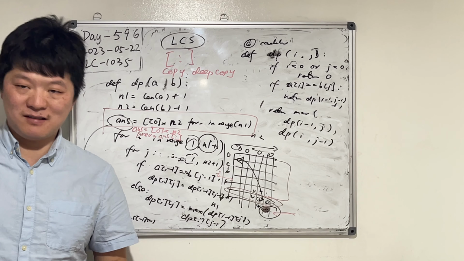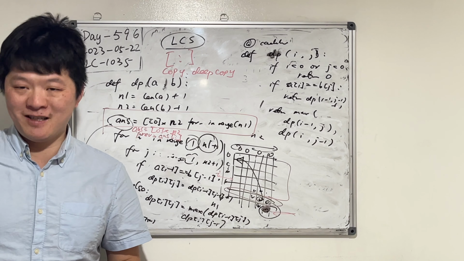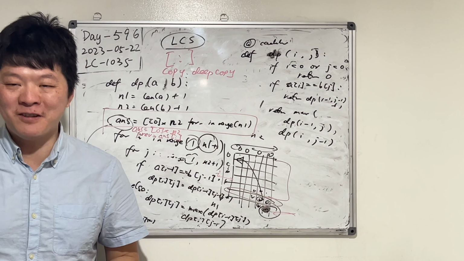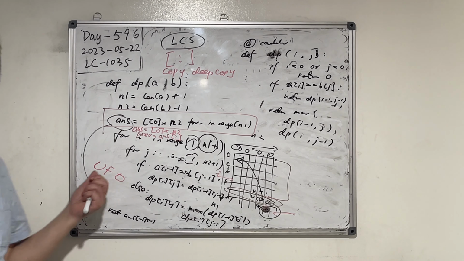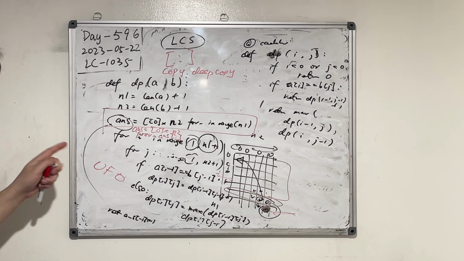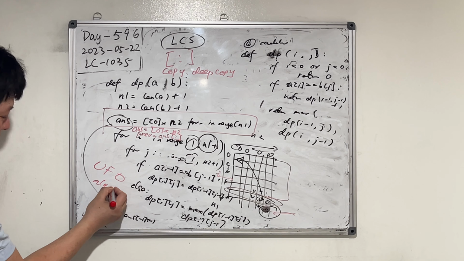Aliens have arrived. UFO, right? Unidentified flying object. Aliens could be in the UFO, but that's not alias. Alias means that it's just a name, right?